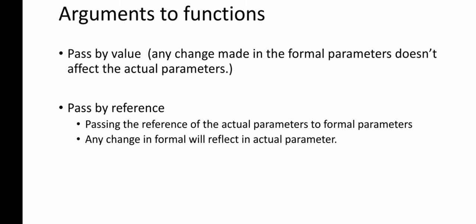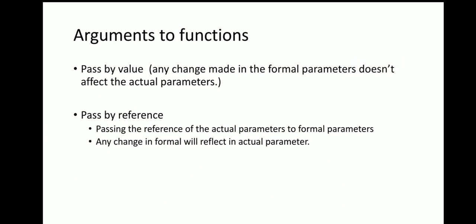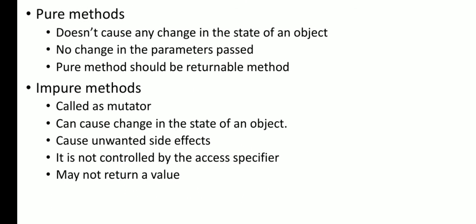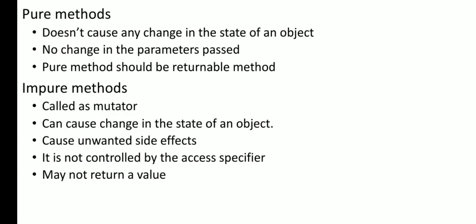We should be very careful with the pass by reference method, because it may sometimes cause side effects in your program. This reflection of values may cause side effects, and as it causes side effects, the method will be an impure method. This is called a mutator, and it will change the state of an object.